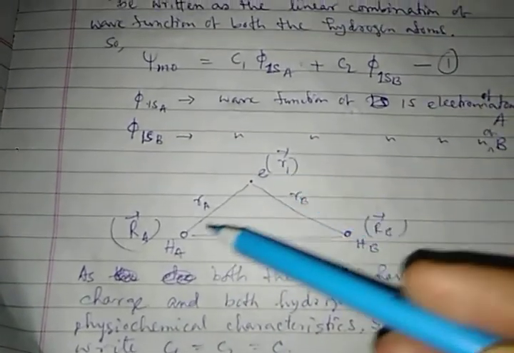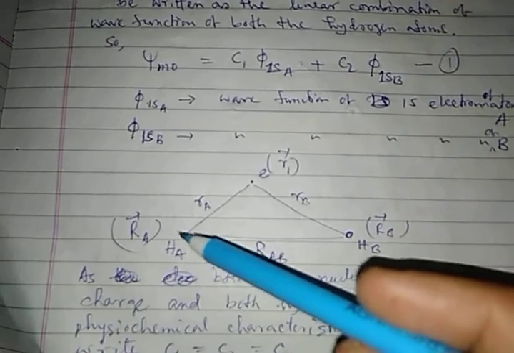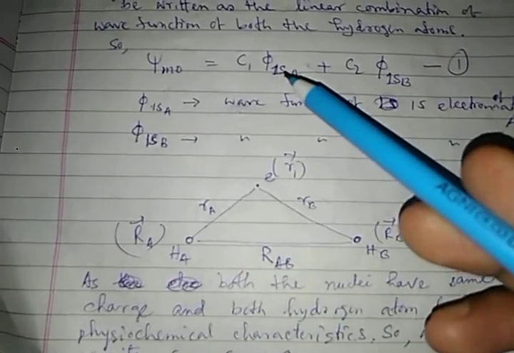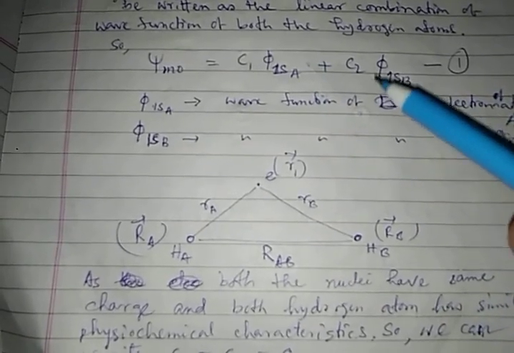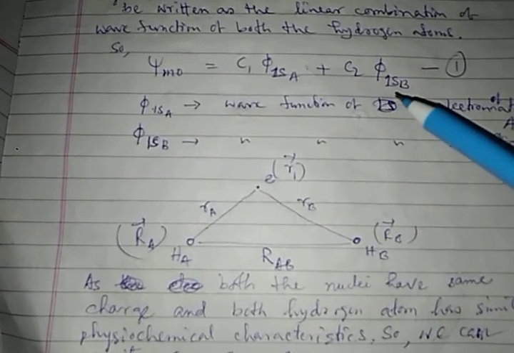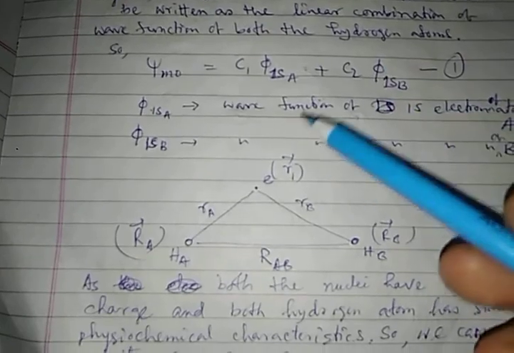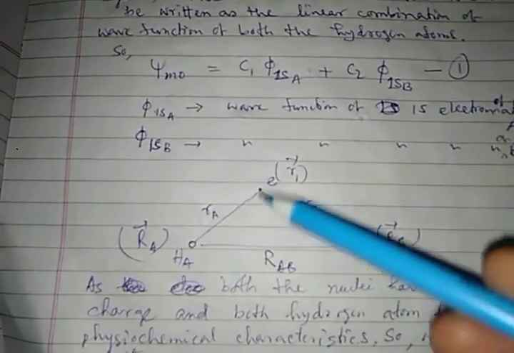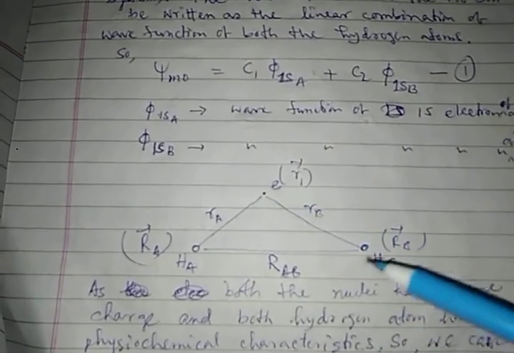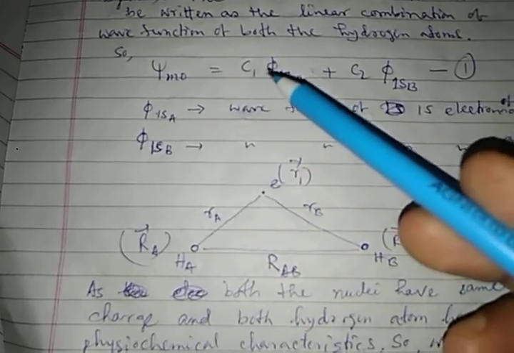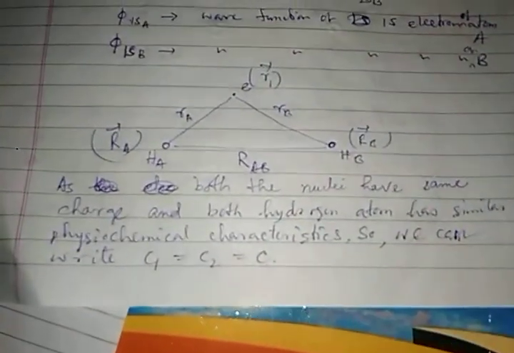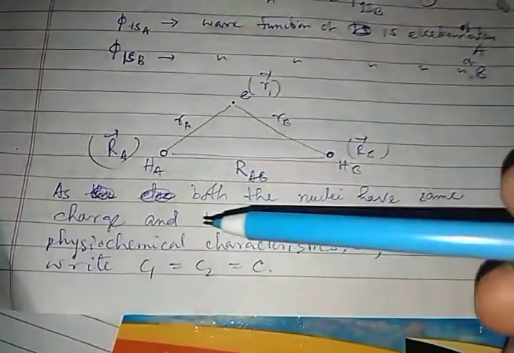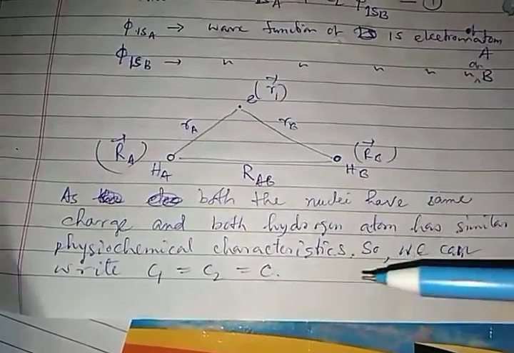So the contribution of the 1s orbital of hydrogen A and the 1s orbital of hydrogen atom B will be the same, because they are occupying the electron in a similar way, same chance. So this coefficient C1 and C2 will be the same for HA and HB, and then we can write that C1 equal to C2 equal to C.